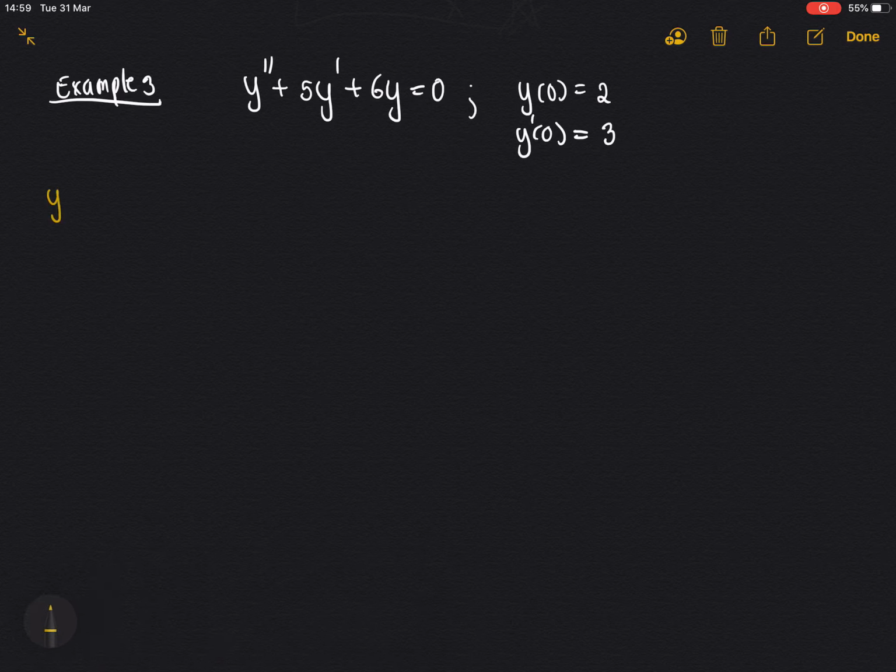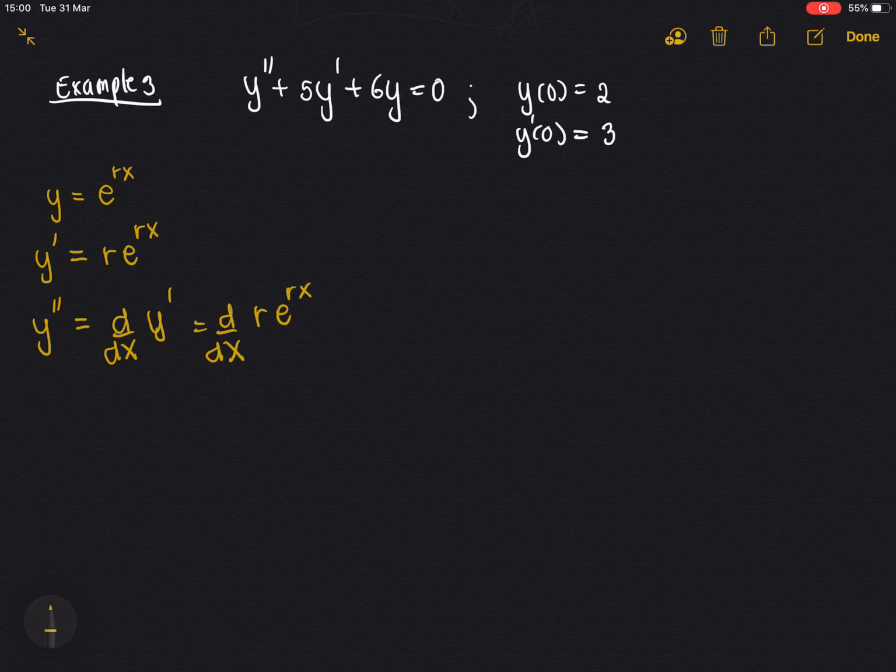If you remember, if we substitute y as the exponential of rx, then your y prime would be r multiplied with the exponential of rx. In other words, when you perform the differentiation on the y function, you end up with r multiplied with the exponential of rx. And y double prime is when you perform the differentiation on y prime, which is the differentiation of r multiplied with the exponential of rx.